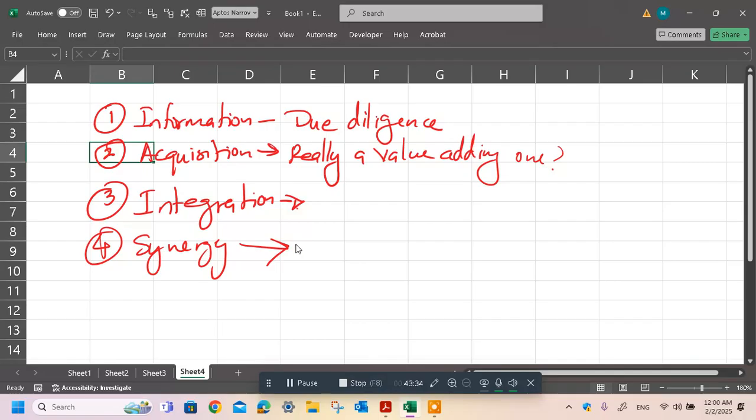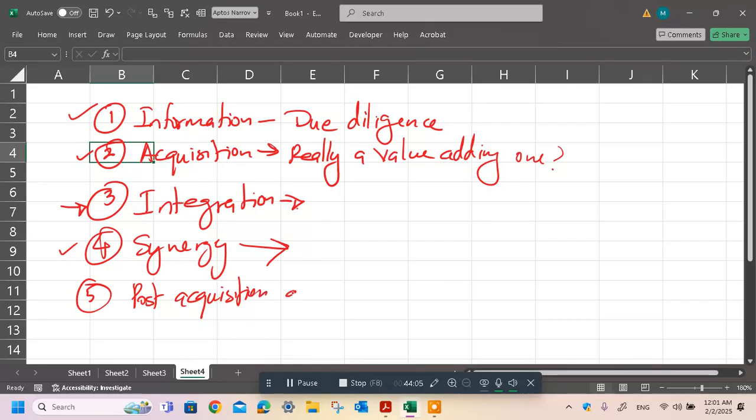See, these are some of the common points you can write as to how you can avoid failing in an acquisition, right? Most of these points are pre-acquisition, this is pre-acquisition, this is pre-acquisition, this is post-acquisition. When I say post-acquisition, I remember there is something called a post-acquisition audit.